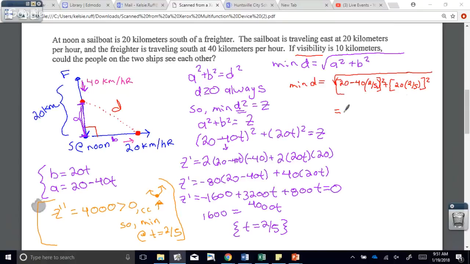In the calculator, or you simplify, you end up with the square root of 16 plus 64, the square root of 80. And the square root of 80 is less than 10. If the visibility is 10 kilometers, could people on the two ships see each other? The minimum is less than 10 kilometers apart, so the answer to the question is going to be yes.